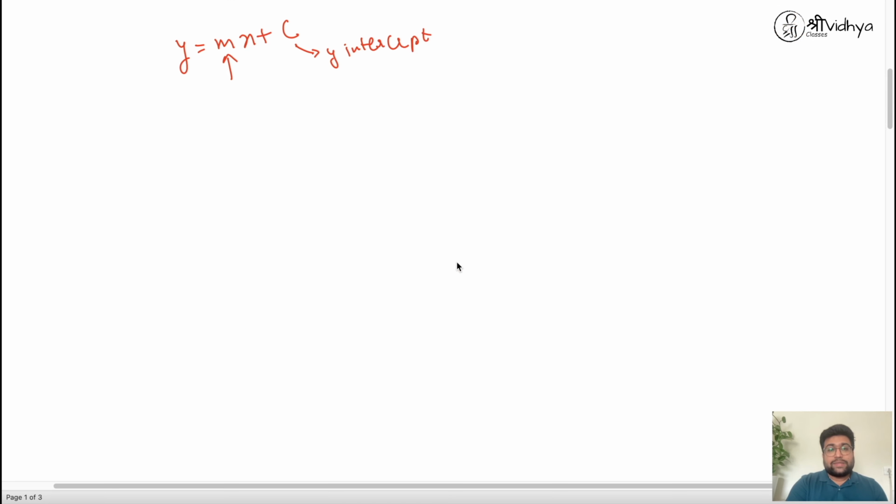The y-intercept is basically where a straight line passes c units away from the origin and intercepts or cuts the y-axis. So this length is c and this point would obviously be (0, c).